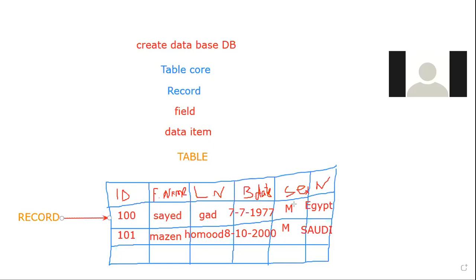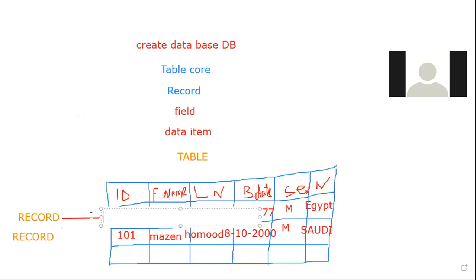This is a record. And this one is called a record too. I have another record. It's the other record, like this one.